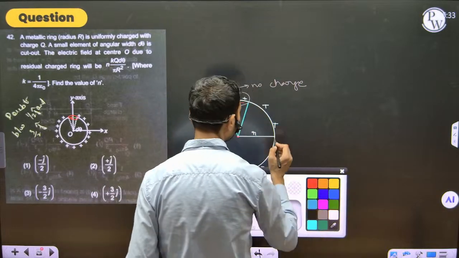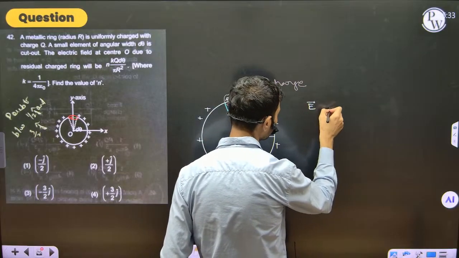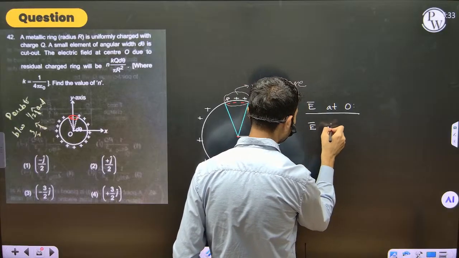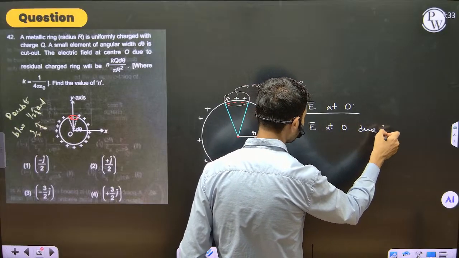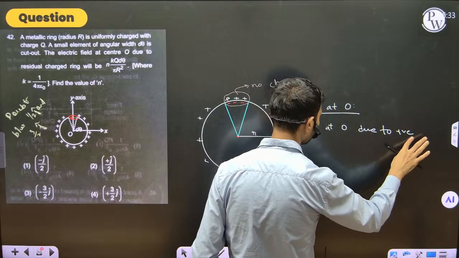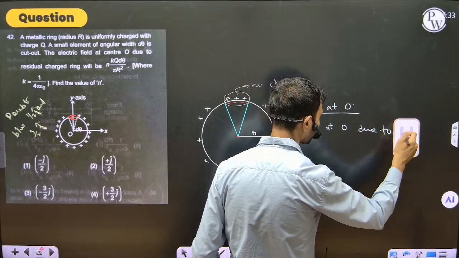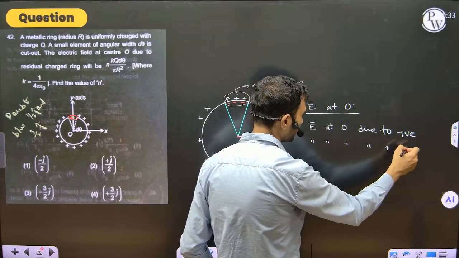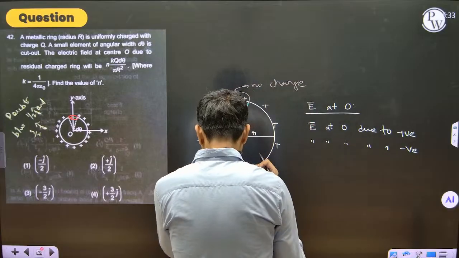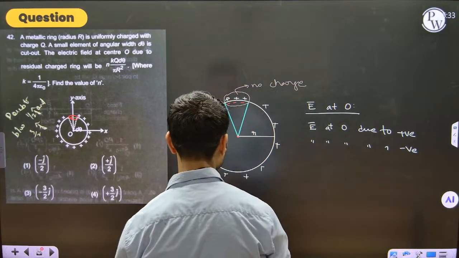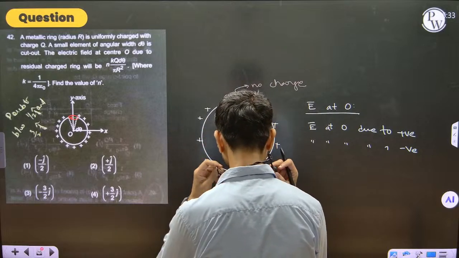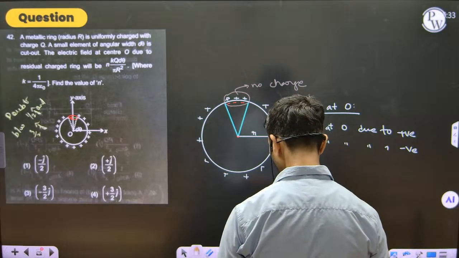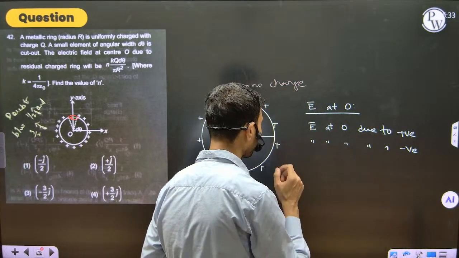The electric field at O is the electric field at O due to positive and the electric field at O due to negative, because of both of them.